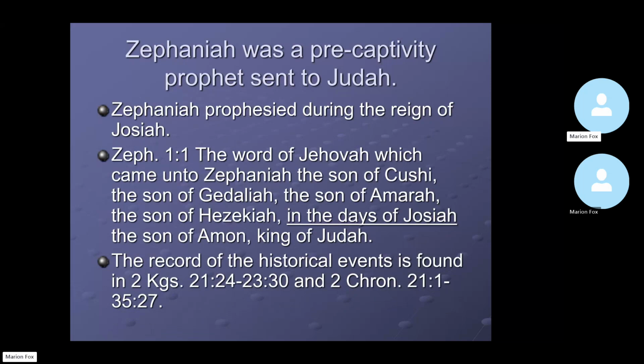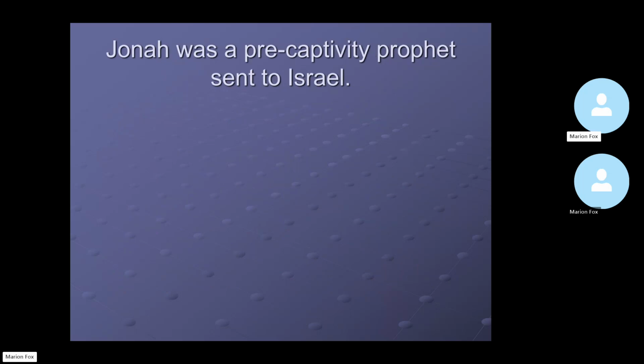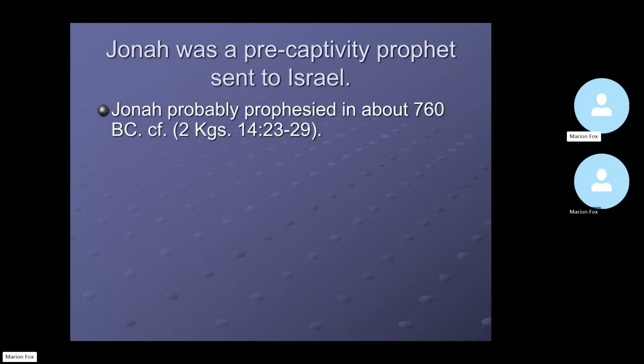The record of the historical events, and we're just looking at the days of Josiah, is found in 2 Kings 21:24 through 23:30, 2 Chronicles 33:25 through 35:27. Hosea was a pre-captivity prophet sent to the northern 10 tribes, which are now called Israel after the death of Solomon.